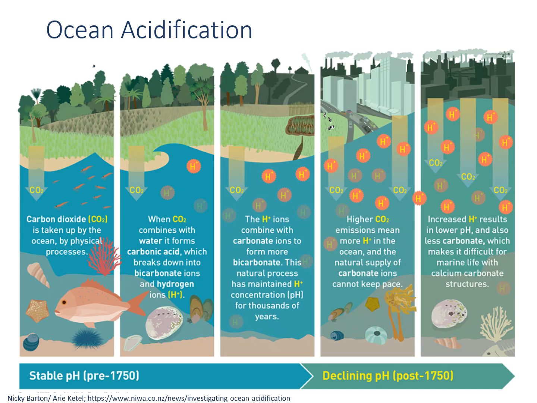When it combines with the water, it forms carbonic acid, which then breaks down into bicarbonate ions and hydrogen ions. The hydrogen ions affect the pH, the acidity. By adding more industrial activity, putting more CO2 in the atmosphere, this means more carbonic acid and more hydrogen ions in the oceans, which can have an effect on marine life.